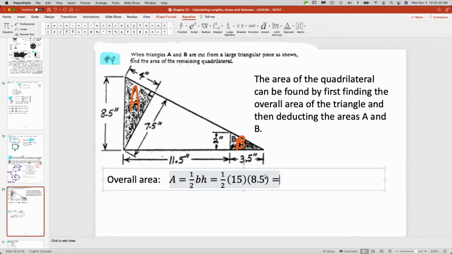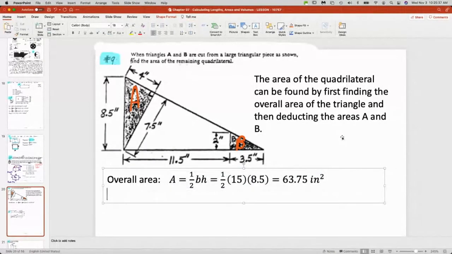So if we do that, we get 63.75 square inches.